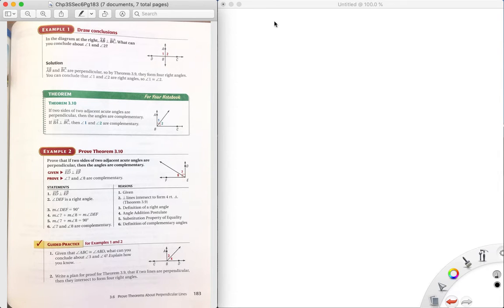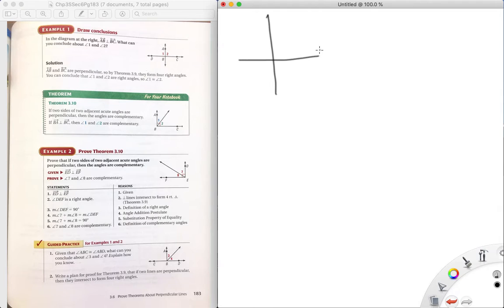Theorem 3.9 says that if I have 4 intersecting lines, then they're all right angles.